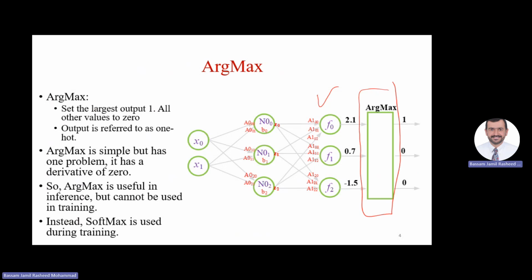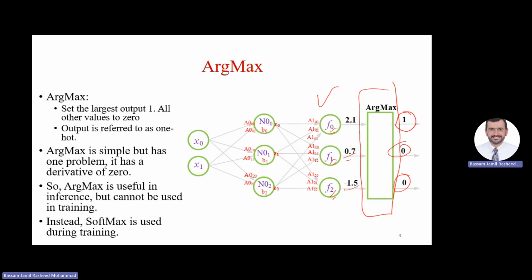You can see here F0, the output of it 2.1, F1, the output 0.7, F2, the output minus 1.5. And then I apply this layer. In fact, you can think of it as an activation function. Argmax says, I'm going to assign a 1 to the node with the largest value, and the rest are zeros. That's the Argmax function. Very simple.